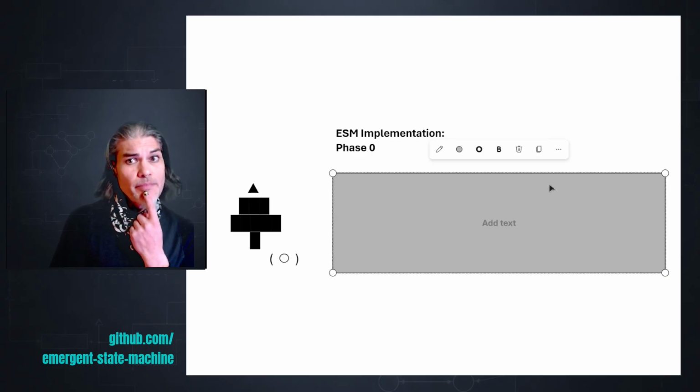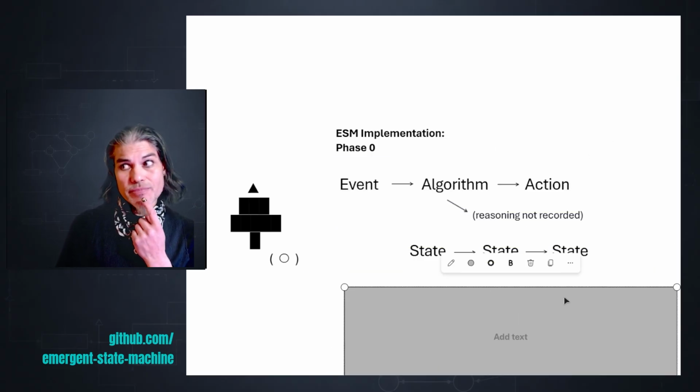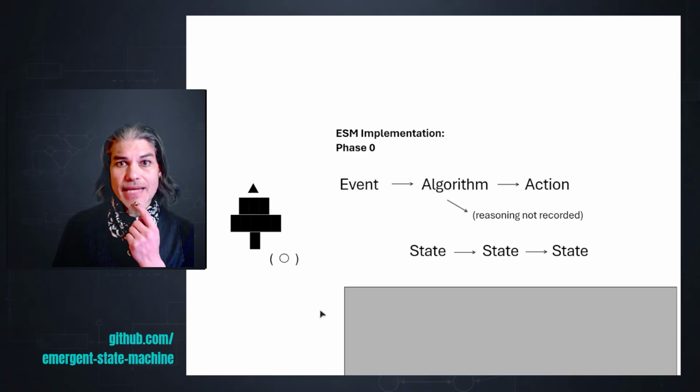Today, many operational systems are a bit like a tower that can hear pilots talking, but can't see the radar. They hear events, they see outcomes, but they can't see how those decisions were made.